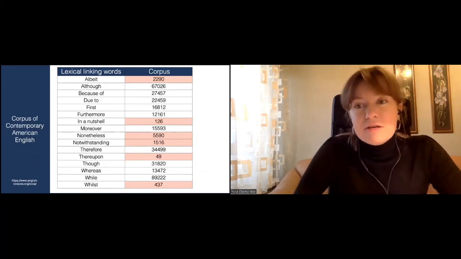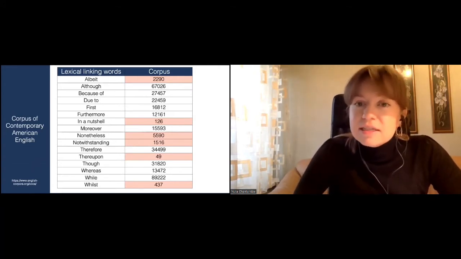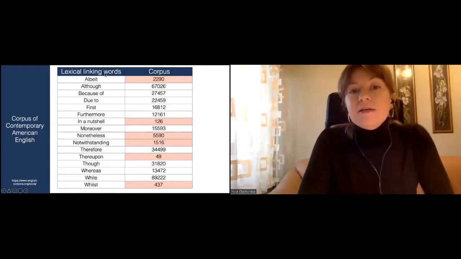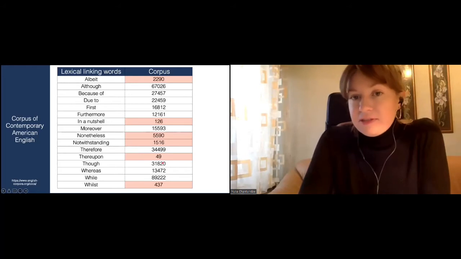So I will give you several seconds to have a look at the numbers. So the red ones mean very, very rare use of the linking word. So what conclusion can we draw from this data?